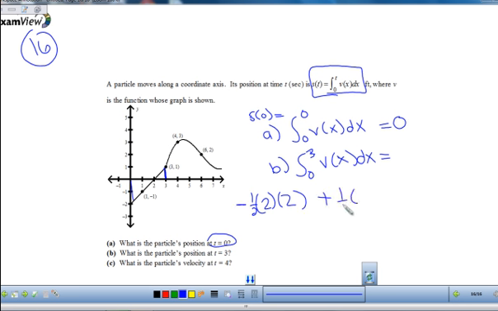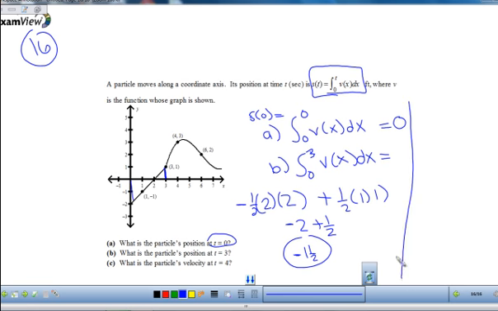Second one has a base of 1 and a height of 1. So we're going to have negative 2 plus a half, which is negative 1 and 1/2. So that means that the particle was going to the left or down from where it started.